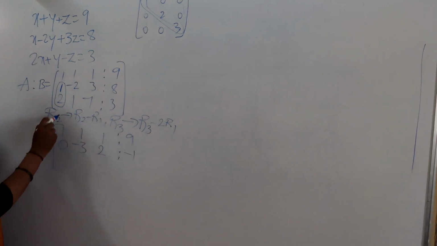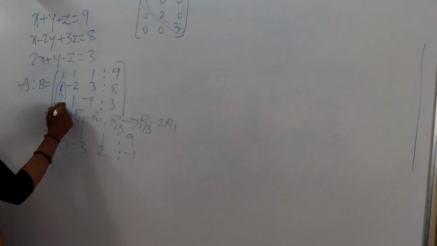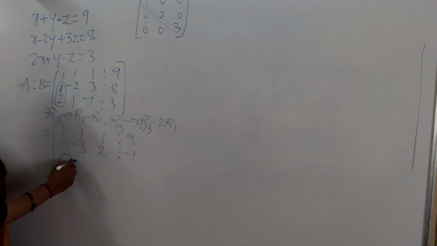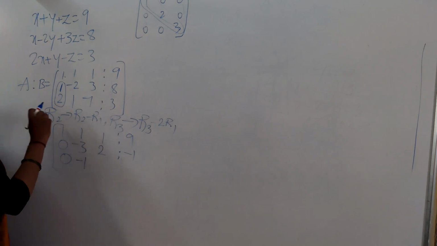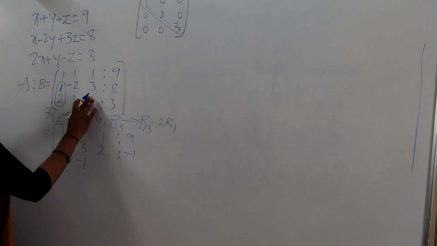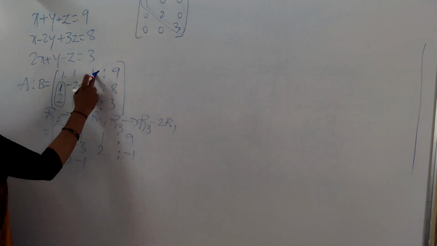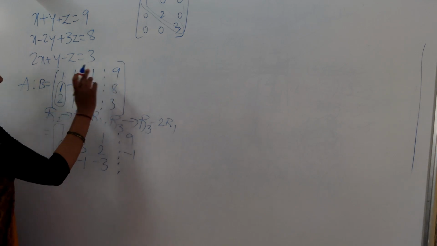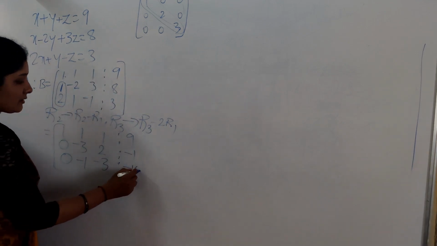Now, R3: 2 minus 2, 0. 1 minus 2, minus 1. Minus 1 minus 2 means minus 3. And 3 minus 18, so that will be minus 15.